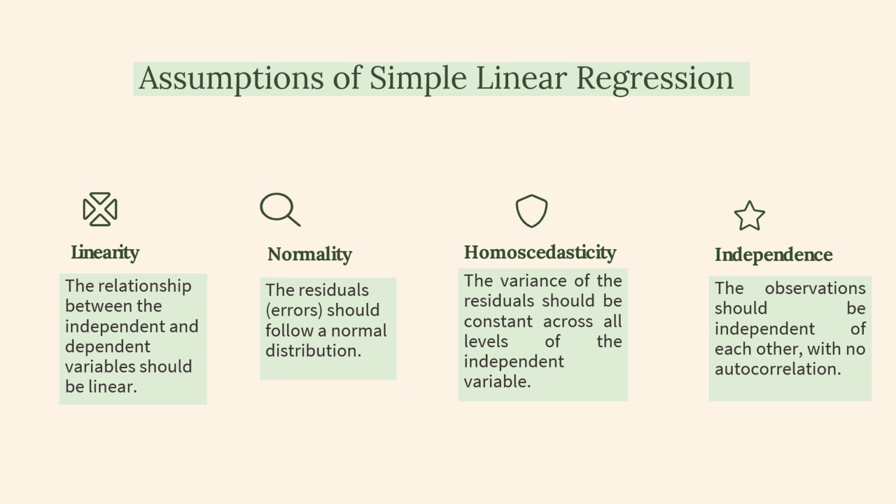Number three, homoscedasticity. The variance of the residuals should be constant across all levels of the independent variable. Number four, independence. The observations should be independent of each other with no autocorrelation.